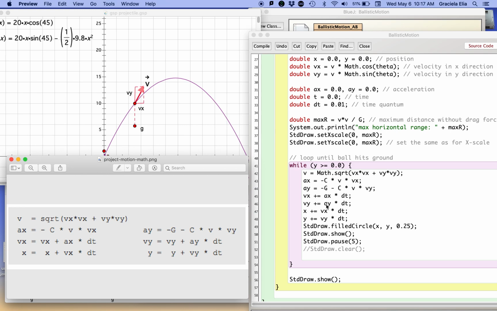So the next thing would be, well, the latest velocity on the x component is going to be changing by the acceleration on the x component times the actual amount of pixels that you want to move, or as they've got it over here, time quantum.